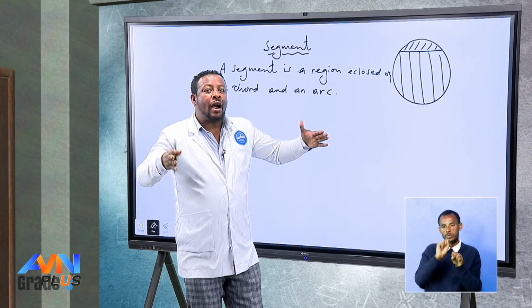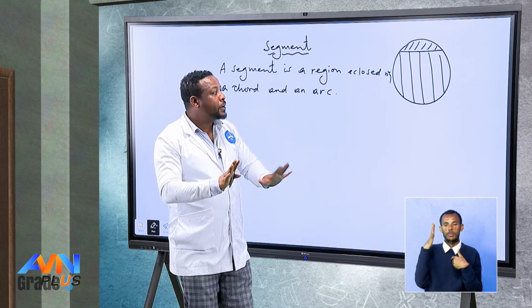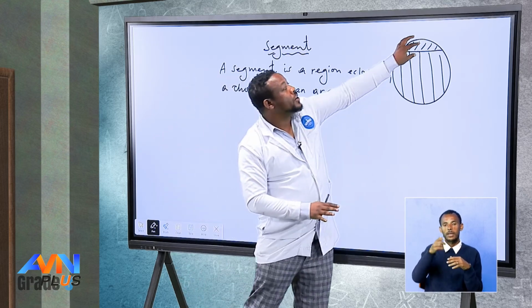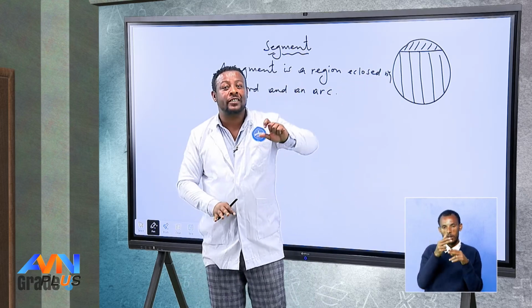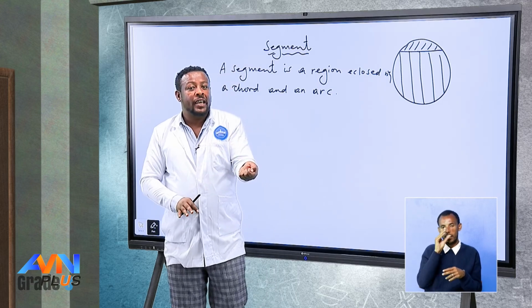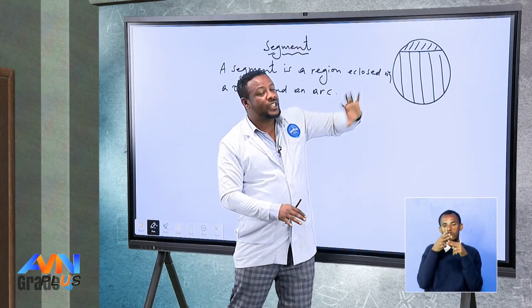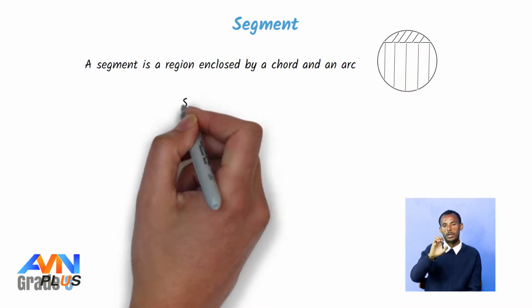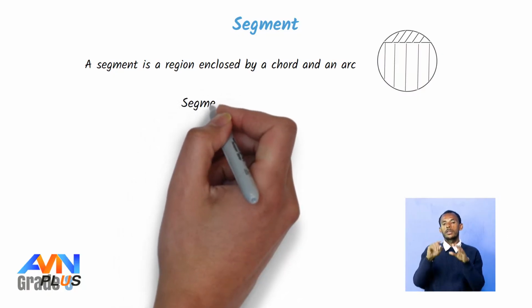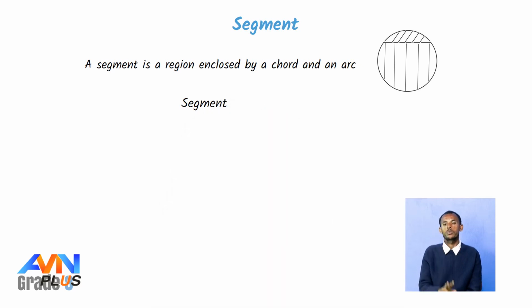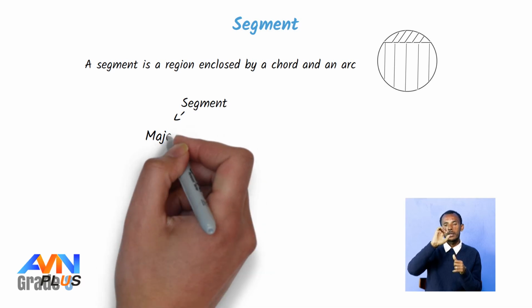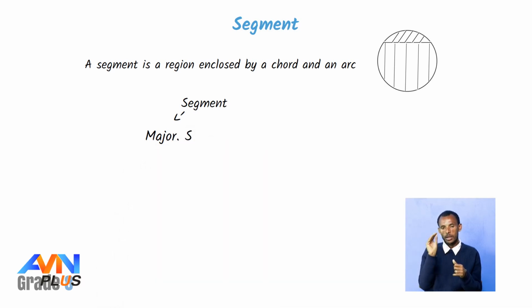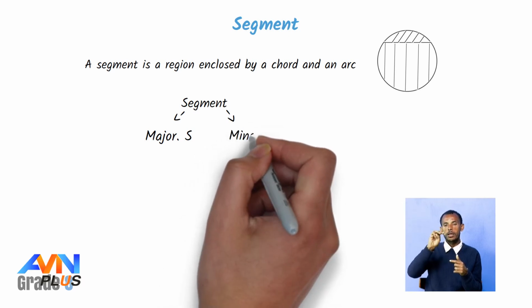So you will have two types of segment, okay? The smaller region, which is considered a minor segment, and the bigger region, which is considered a major segment. So you classify segments as major segment and minor segment.